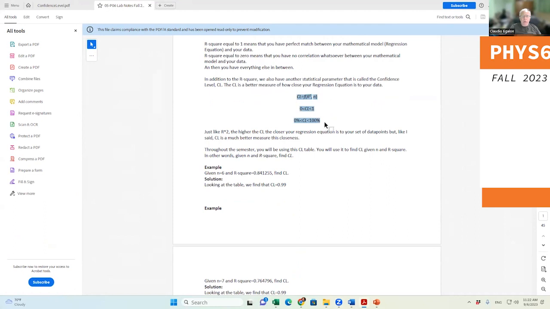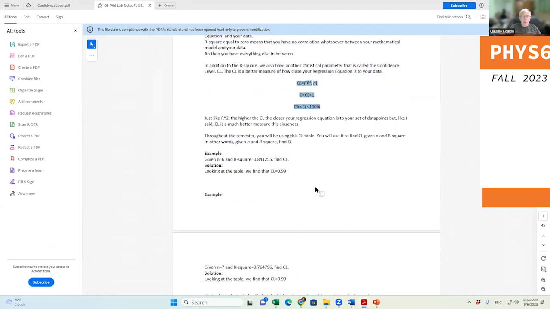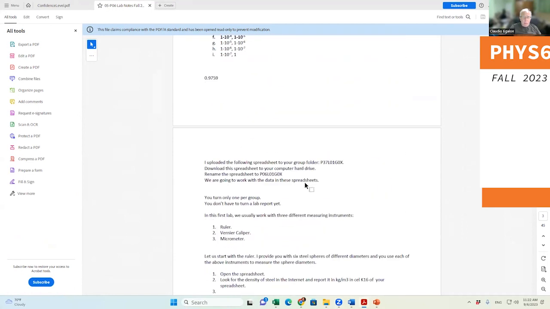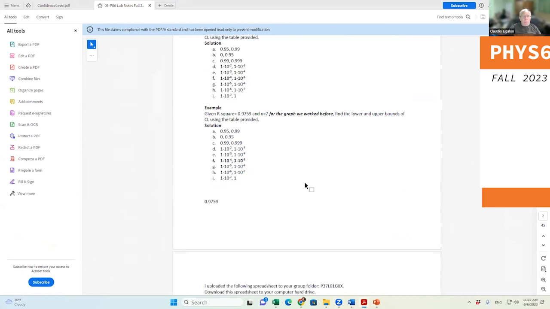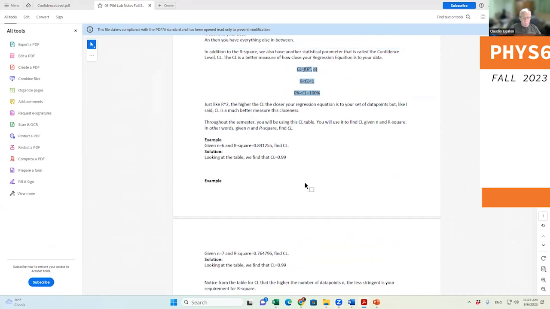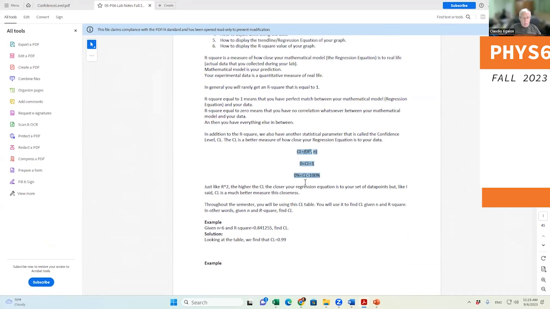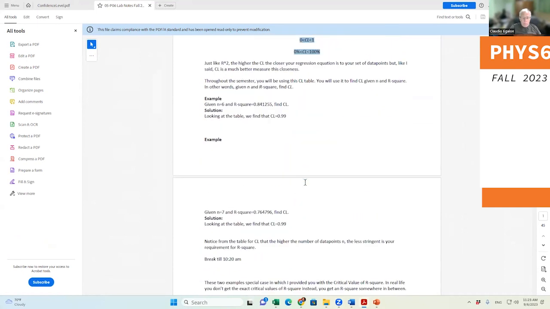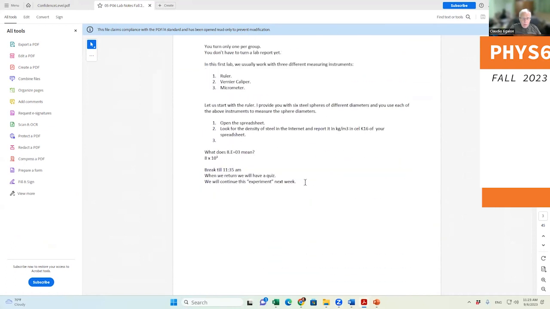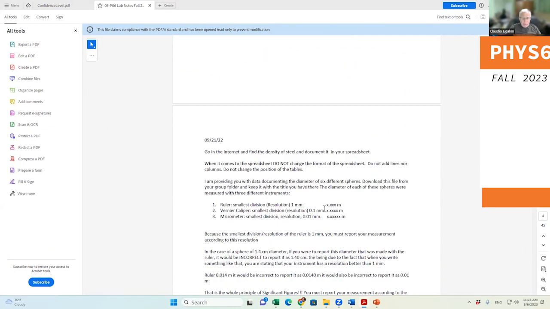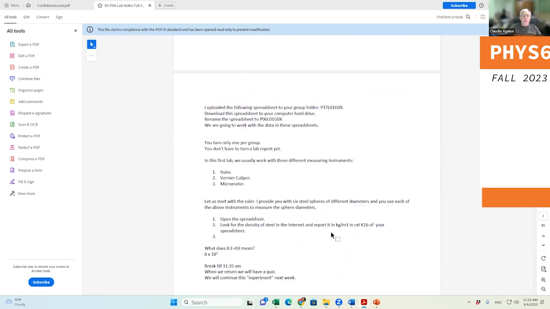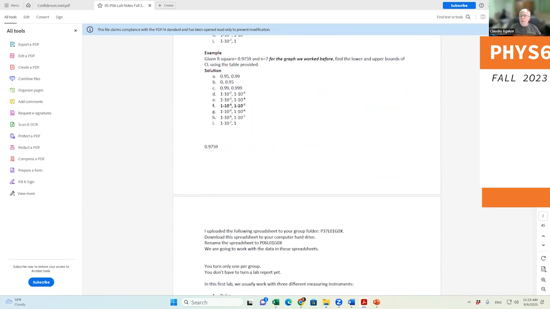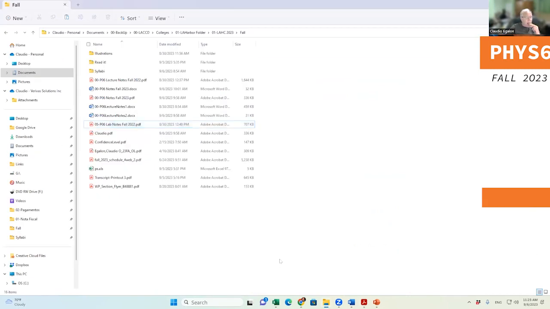CL is anywhere between 0 and 100%, should be greater or equal, right? Yeah, it looks like we did everything that we had to do. 11:23 right now. Let me just introduce the first experiment. Maybe we should do that so we take advantage of this time.